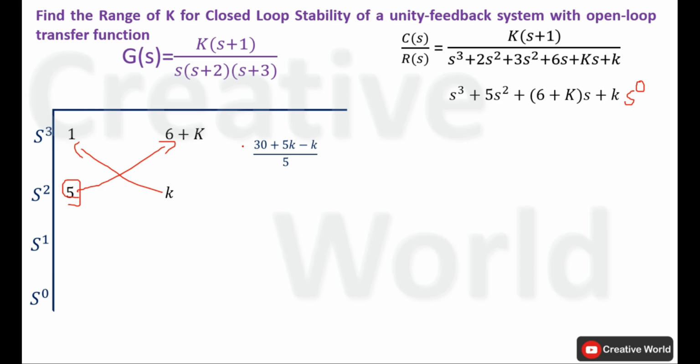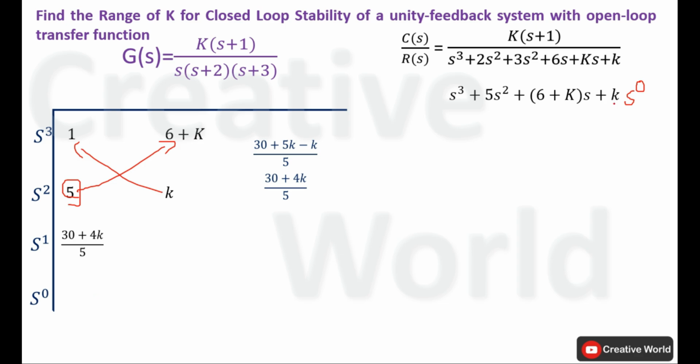It will become 30 plus 5k minus k multiplied by 1. It will become minus k, and divided by this value 5. Solve it to calculate the value. It will become 30 plus 4k divided by 5, and this will become the next entry, 30 plus 4k divided by 5. Now the next entry is s0.